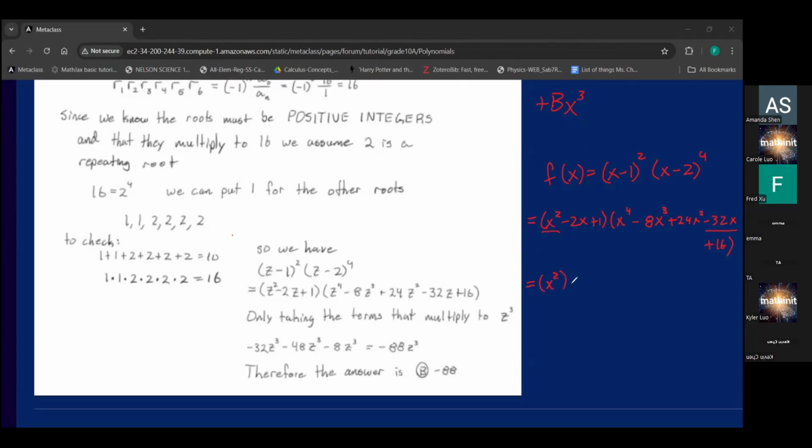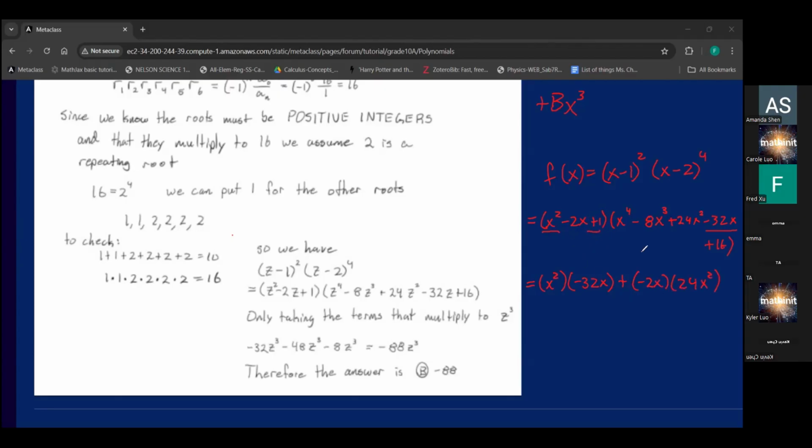Now we have negative 2x; if we multiply that by 24x squared, that gives us an x cubed. So that's negative 2x times 24x squared.